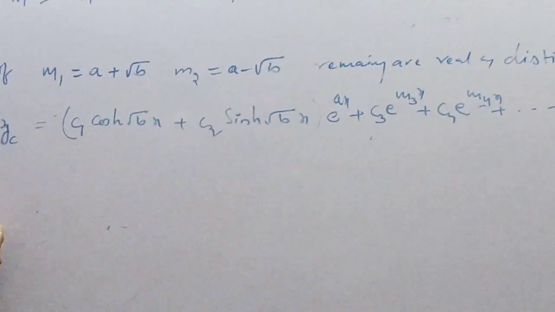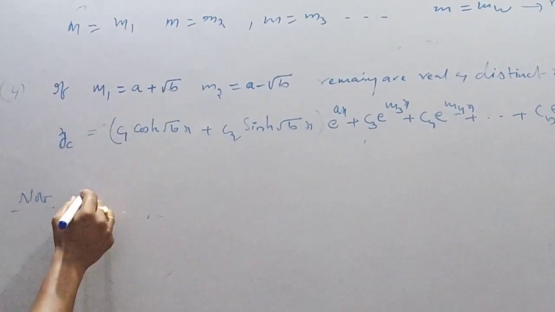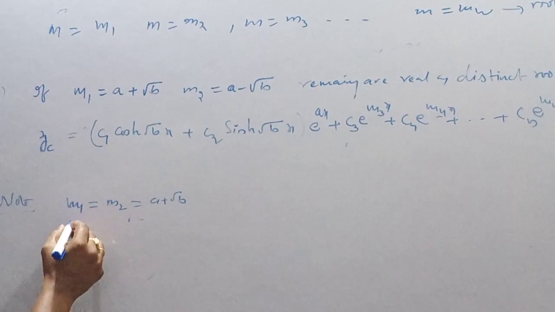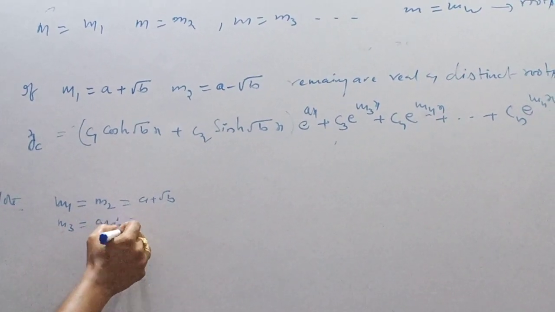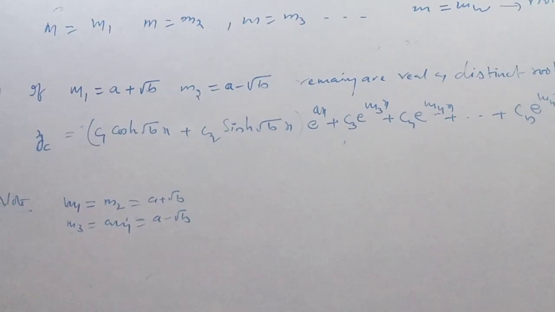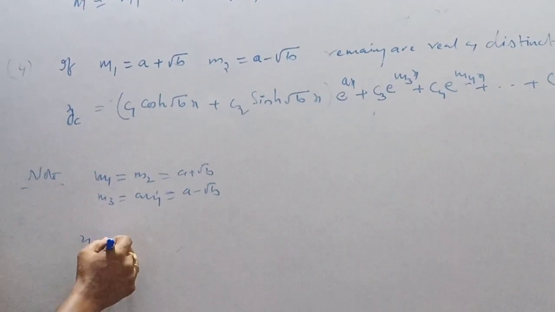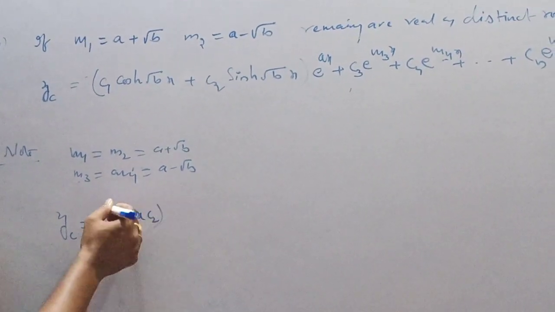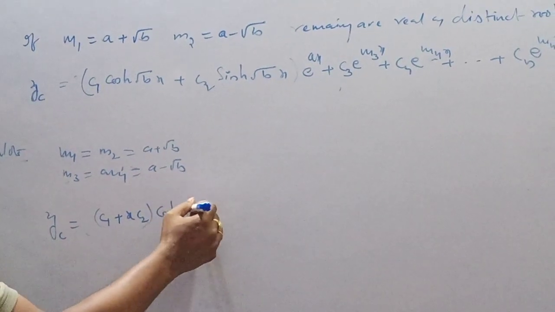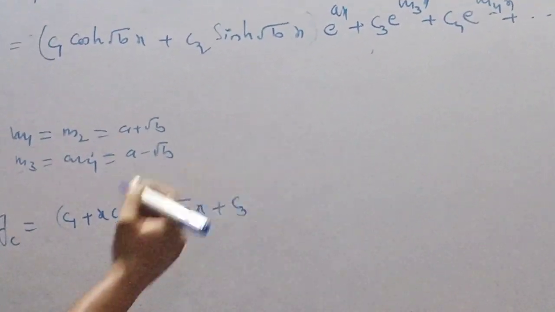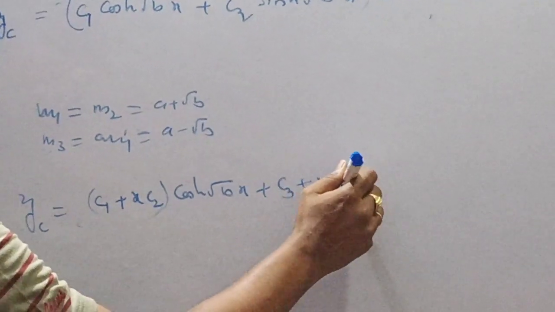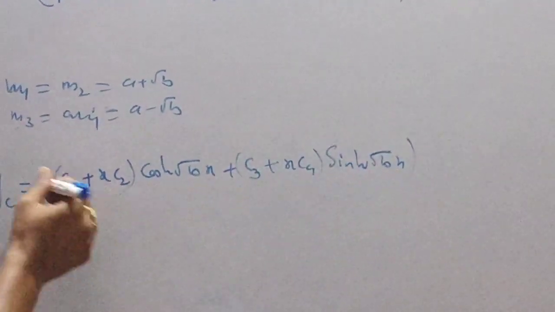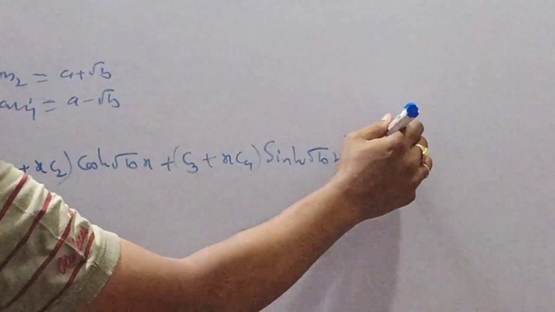If the roots are repeated, so m1 equal to m2 equal to a plus root b, and m3 equal to m4 equal to a minus root b, then the solution is yc equals, similarly, (c1 + c2 x) cosh root bx + (c3 + c4 x) sinh root bx, into e to the power of ax.